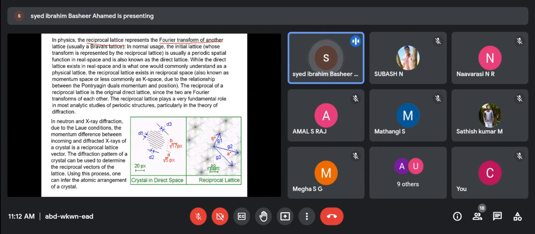How will you measure this? It is a very tedious calculation. But if you convert into the reciprocal lattice, you can see adjacent points and have a measurement, so it is easier to make a mathematical calculation. That's why we are thinking of the reciprocal lattice.